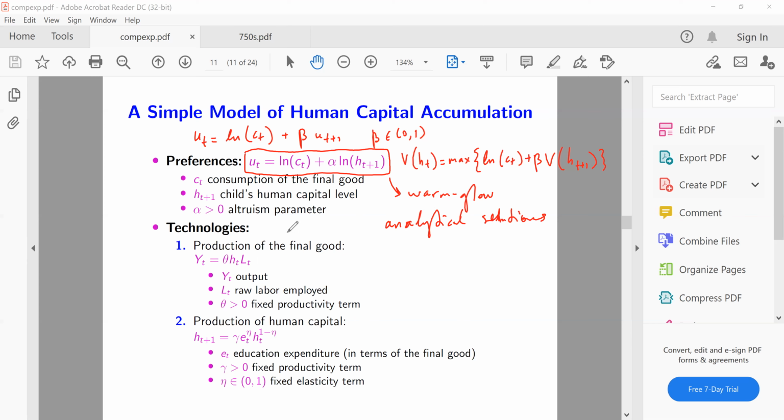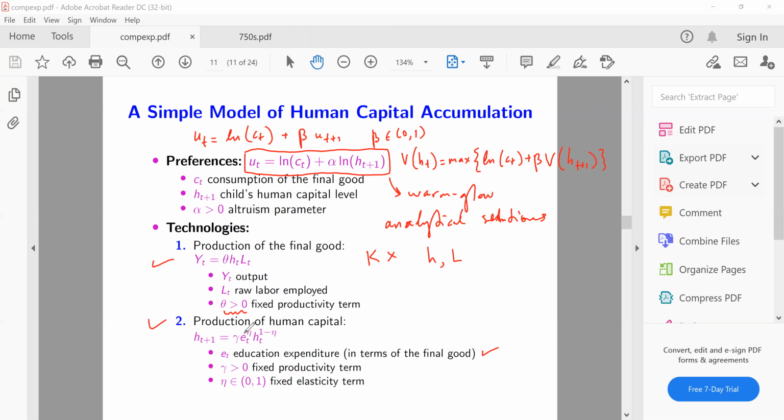So technologies. There are two technologies, right? One is the production technology, and here we are assuming that the production function is linear, so there's no physical capital. There's only human capital and raw labor. And theta is some fixed productivity. Now there's also production of human capital, right? And human capital requires education expenditure.